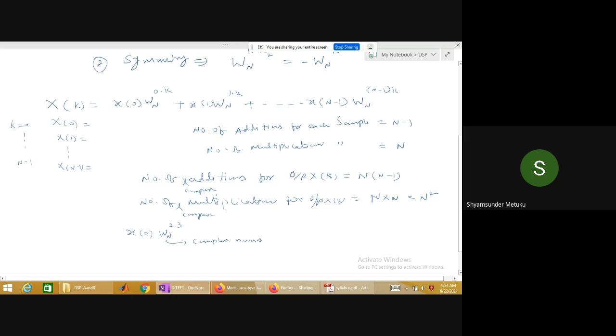Initially we thought of simple additions and multiplications. Later, because of the twiddle factor, it is complex in nature, so we call them the number of complex additions and the number of complex multiplications. Is it okay? Try to remember.